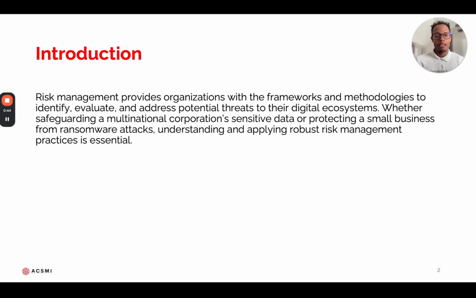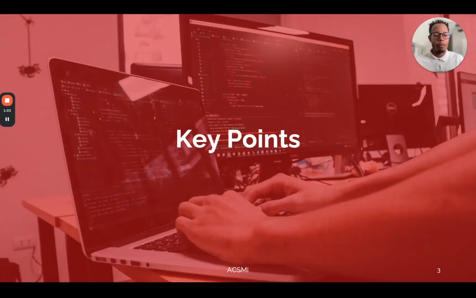Within a corporation, they're going to have customers, and the customers are going to have data that are stored within the organization, whether it be on the premises or within the cloud. But either way, the ideal is to protect a business from ransomware attacks, understanding and applying these risk management practices, and we'll dive into them on how to actually go about doing that.